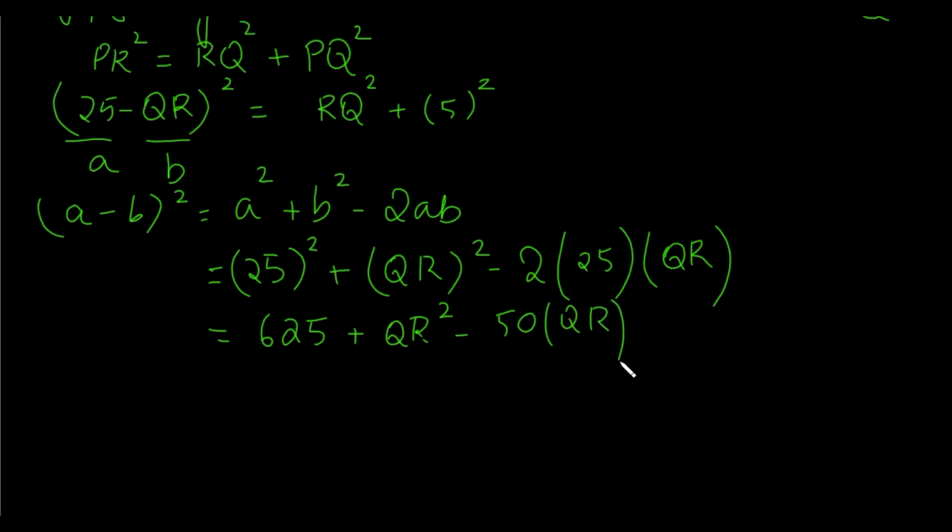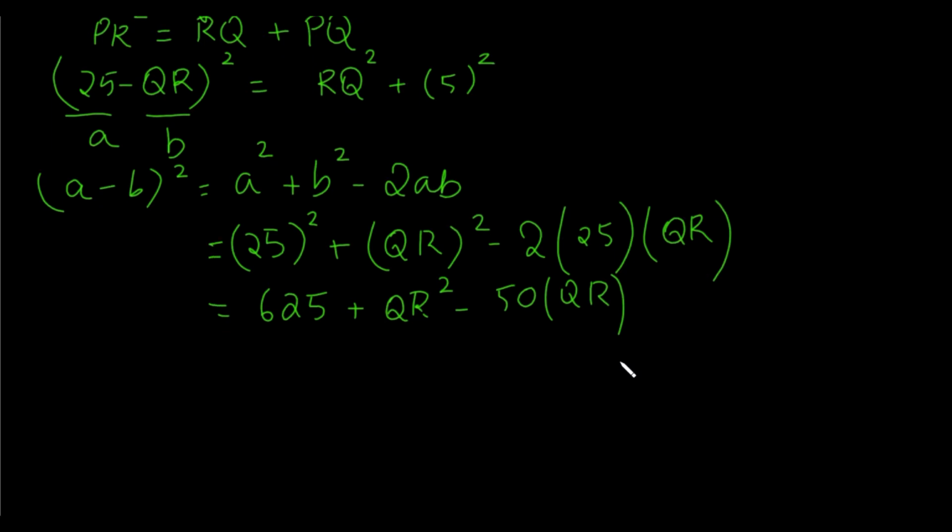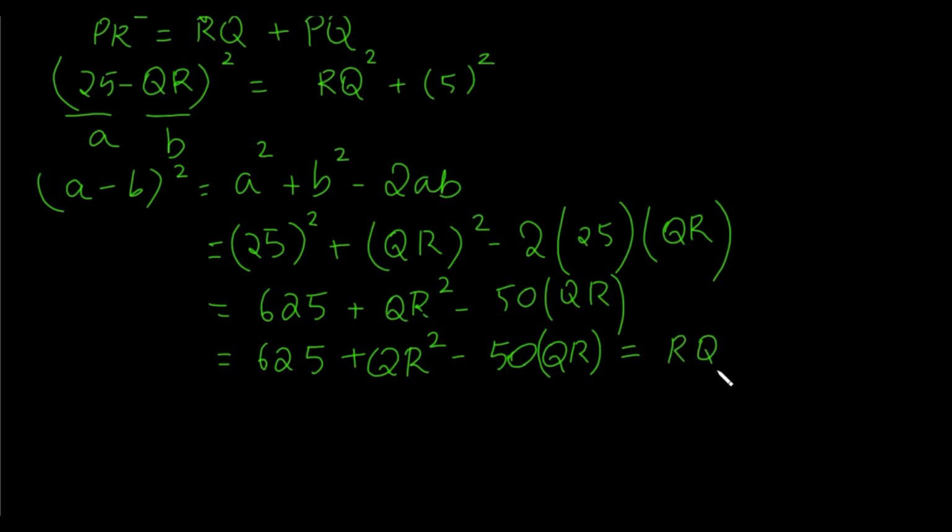So now let's substitute this value in the equation. So that's going to give us 625 plus QR square minus 50 QR is equal to RQ square plus 5 square, that is going to be 25.